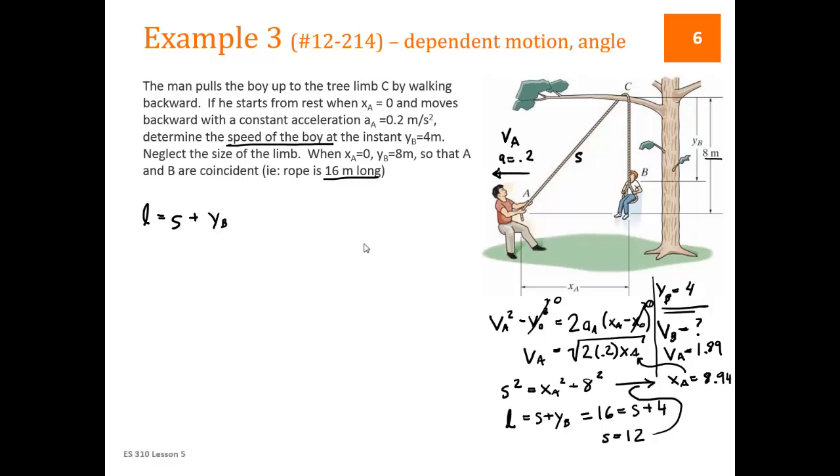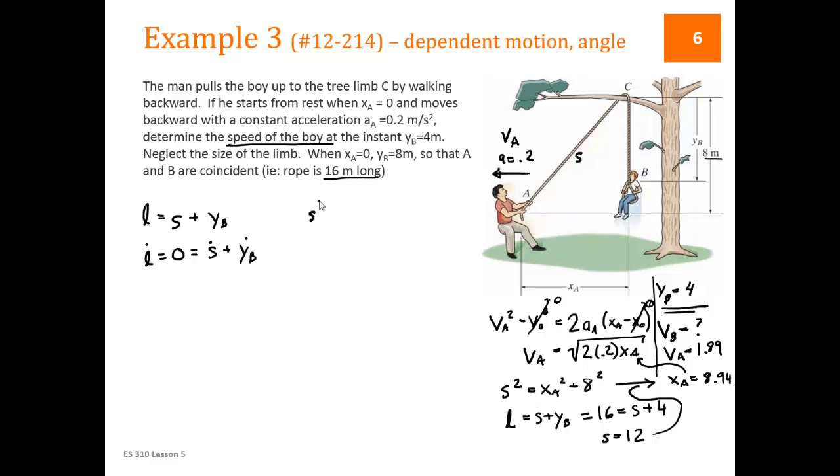Okay? So if we take the derivatives, we get L dot, which is equal to 0, is equal to S dot plus YB dot. YB dot is what we're looking for. That's our velocity. Question is, what is S dot? Well, we've already written an expression for S, right?